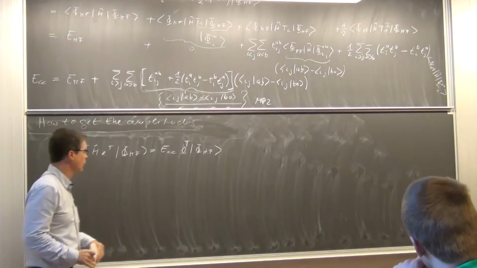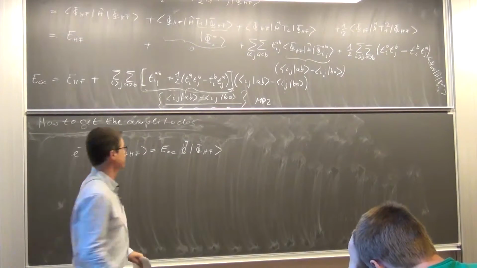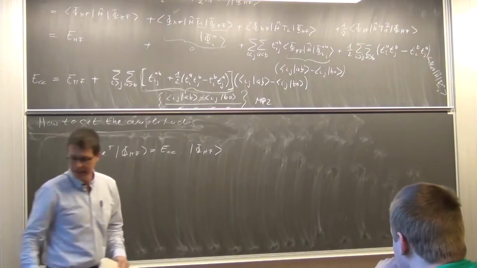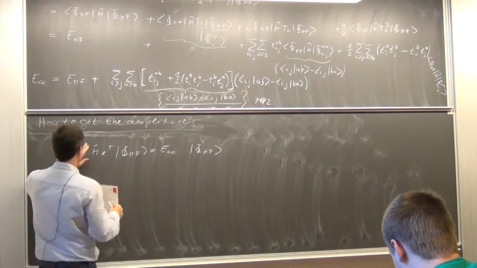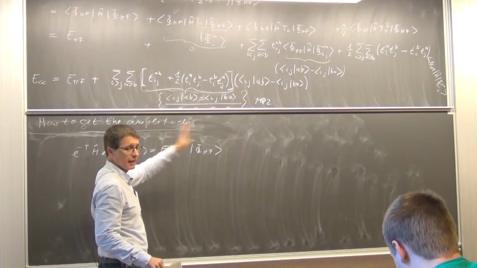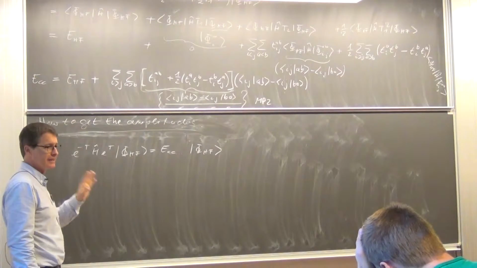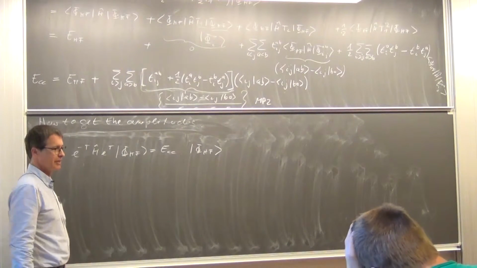Sorry, now there's an e to the t too much. We like it best in this form. One could also do it without that, and having the e to the t, it gets slightly more complicated mathematically afterwards, but you get to the same equations anyway. This is just a bit faster.